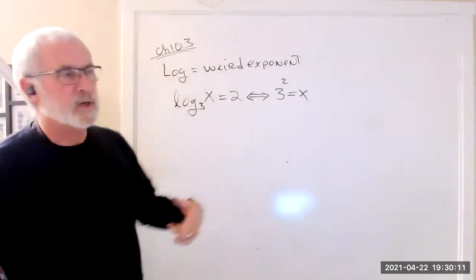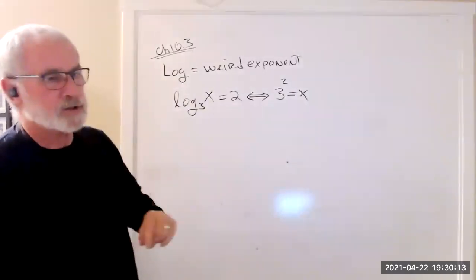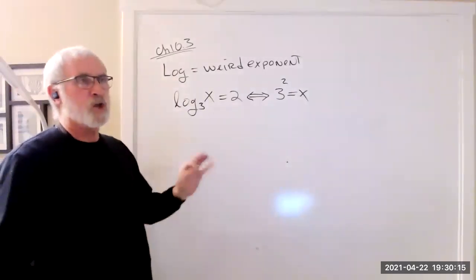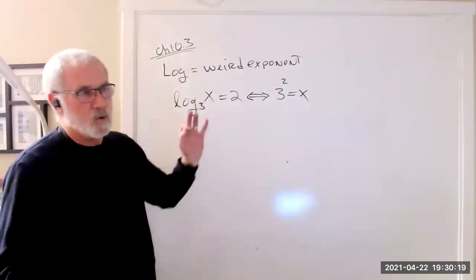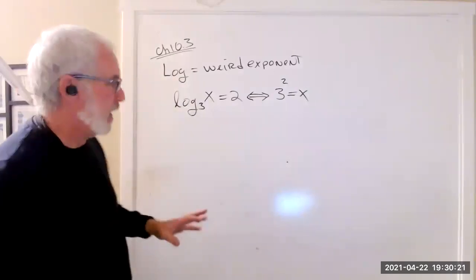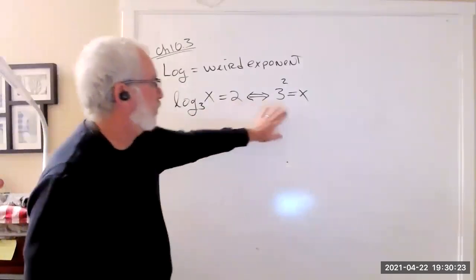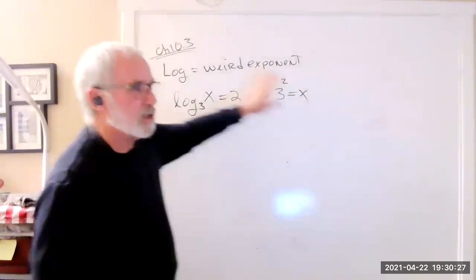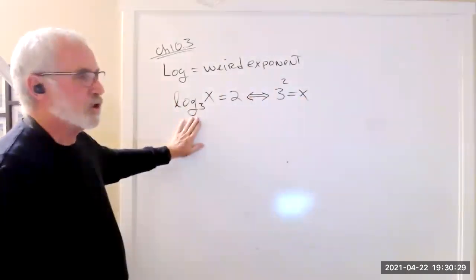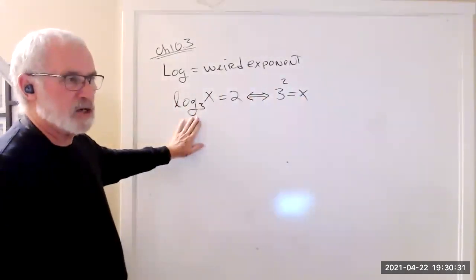One of the jobs we're going to learn tonight, and you as a student must learn to do in your sleep, or in a drunken stupor, whatever, is to switch from logarithmic to exponential and exponential into logarithmic instantaneously and in your sleep.